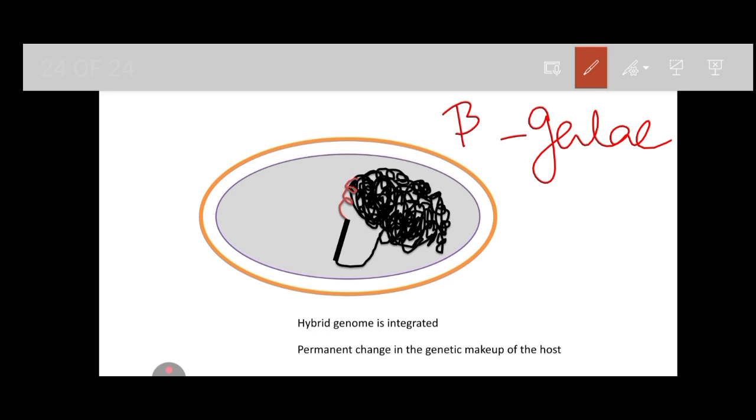Upon the fifth cycle, following virus infection, the bacteria acquire the novel property of synthesizing beta galactosidase enzyme. Thereby the bacteria acquire new traits due to the infection of virus, and this phenomenon is collectively called transduction. There are two types of transduction: one is generalized, another is specialized transduction.